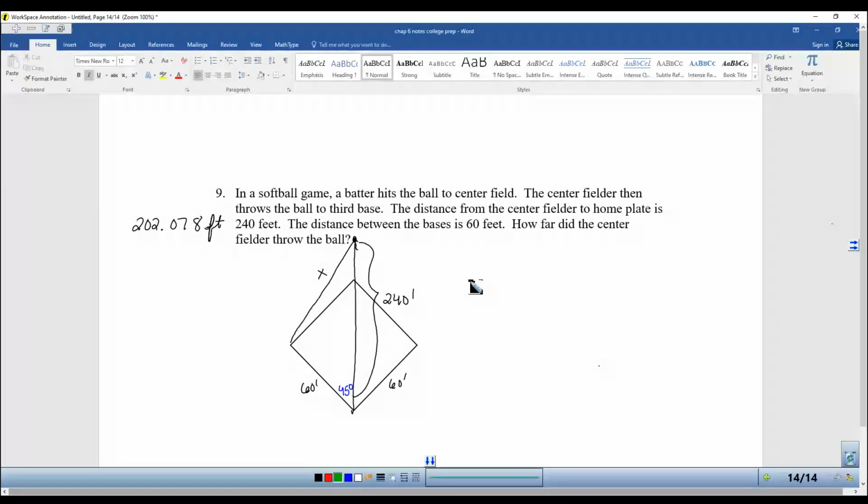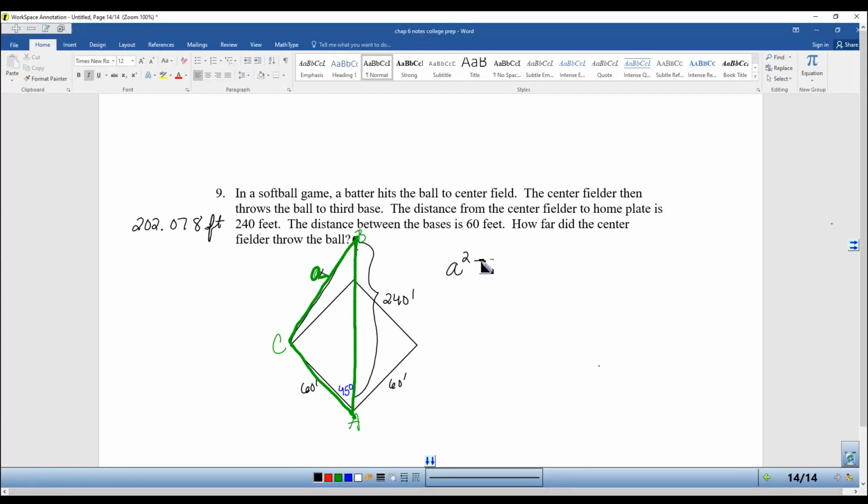So again, I can set this up as law of cosines. I guess maybe I'll change this to A. So this can be A, and this can be B, and this can be C. And let me just mark out that triangle a little bit better. The triangle that I'm working with is this one, where this is A, which is what we're going to be looking for.